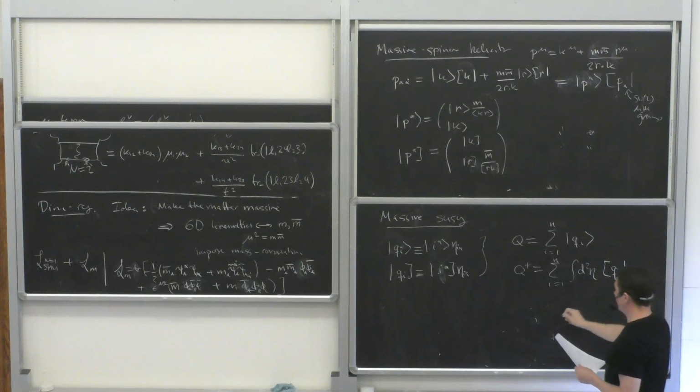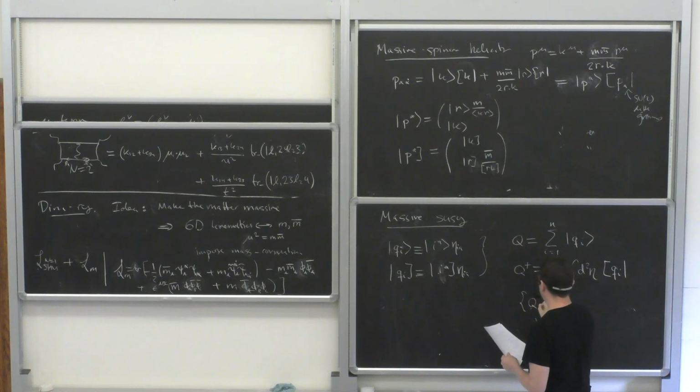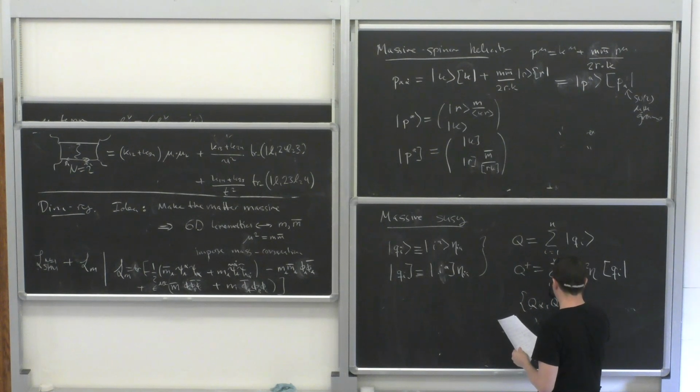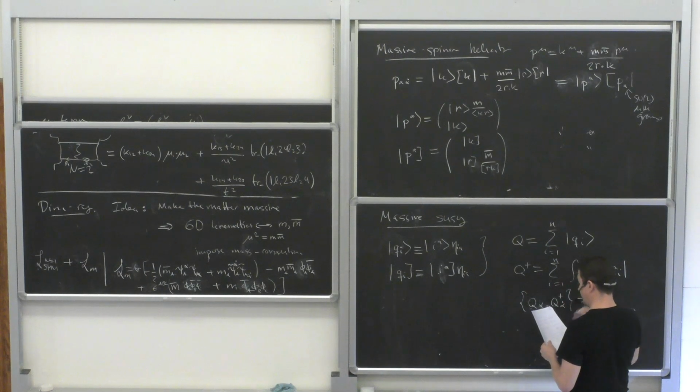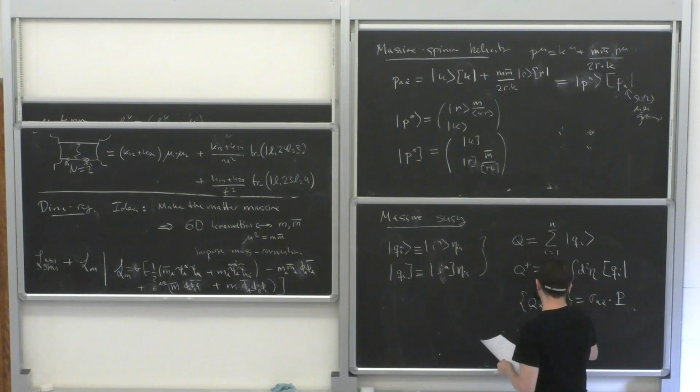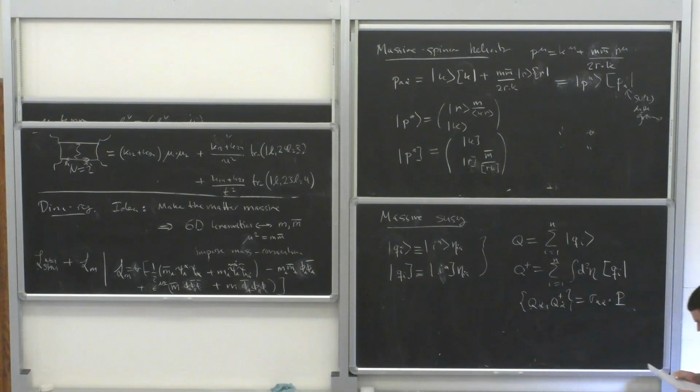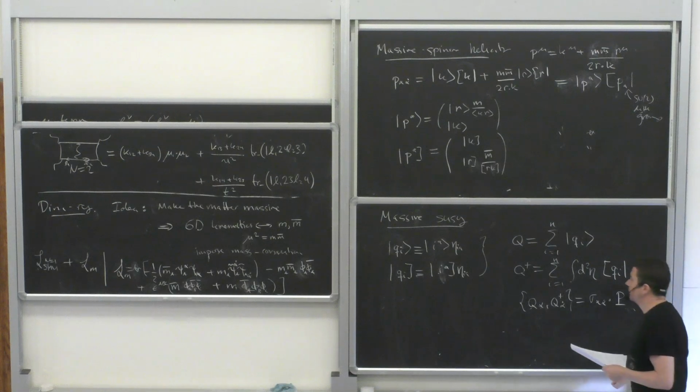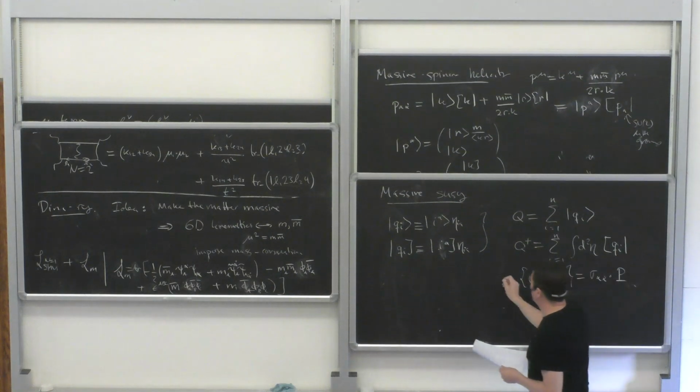You can check that the commutation relation now holds for supersymmetry. So this should be equal to sigma alpha alpha dot total momenta, and then the other commutators are 0.